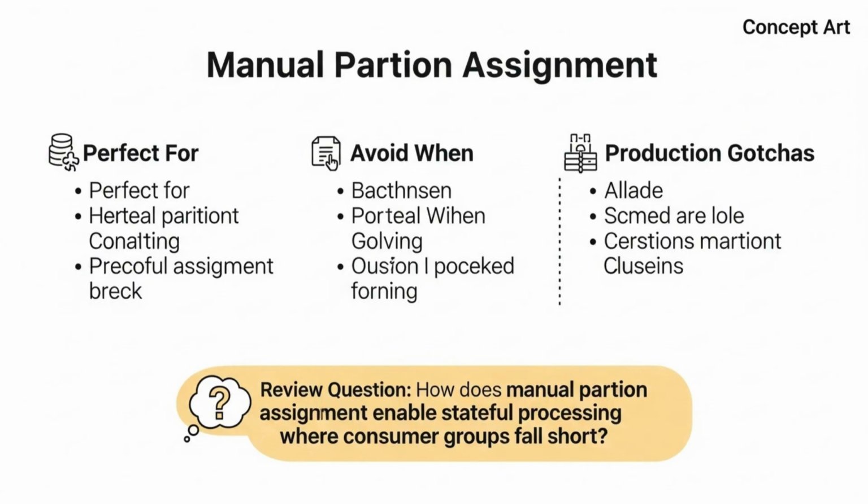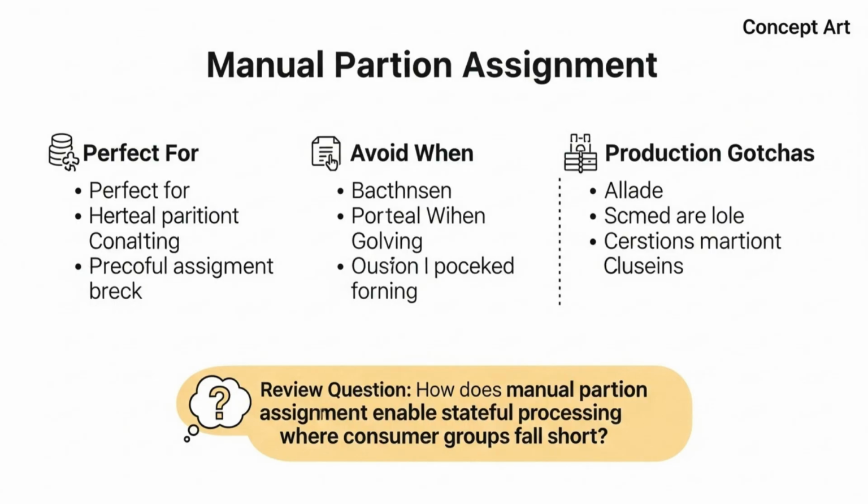However, it's wise to avoid it when you're doing simple, stateless processing where consumer groups are perfectly adequate. In environments with high worker churn, as manual reassignments add operational overhead, or when automatic scaling is a critical, non-negotiable requirement.